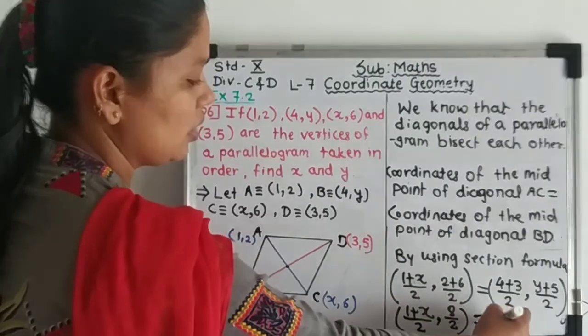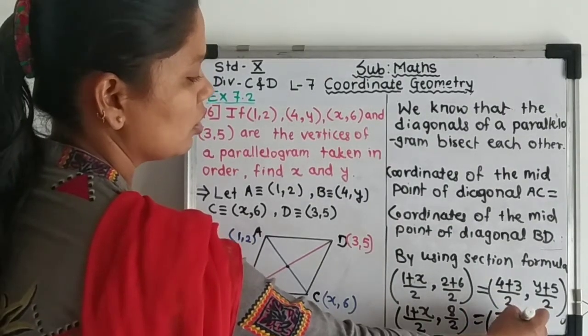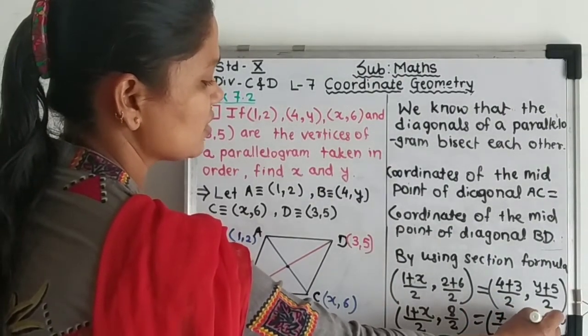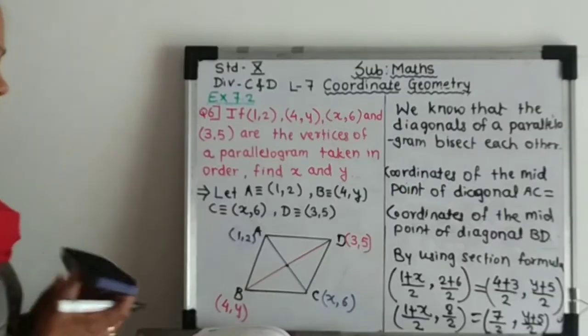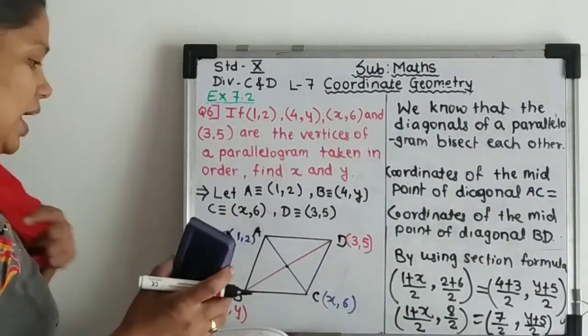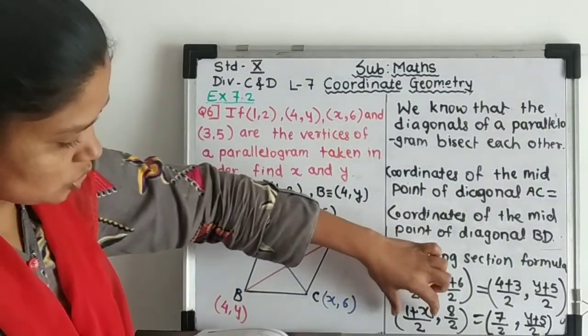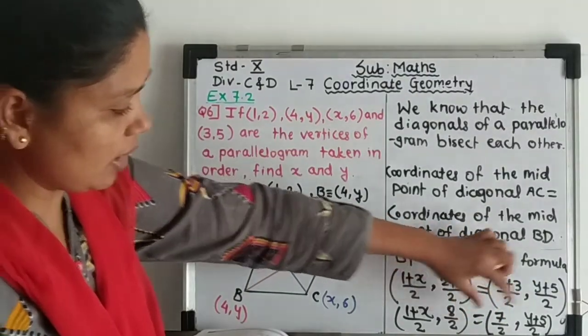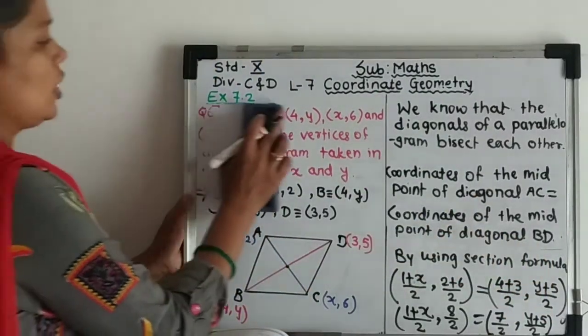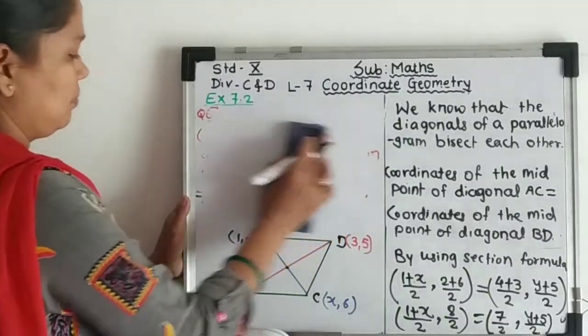So 7 upon 2 comma (y plus 5) upon 2. Similarly, we are not able to add y and 5. So the x is on both sides and y is on both sides, so let us compare them.